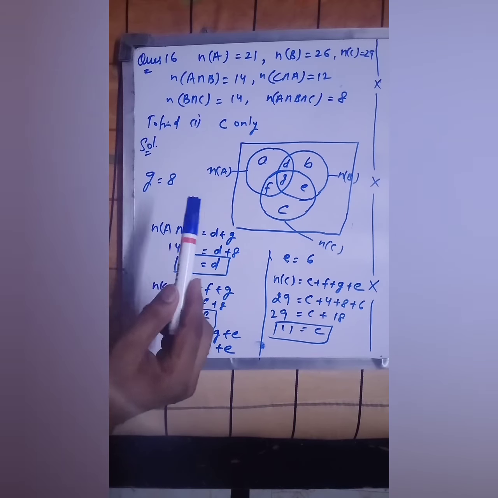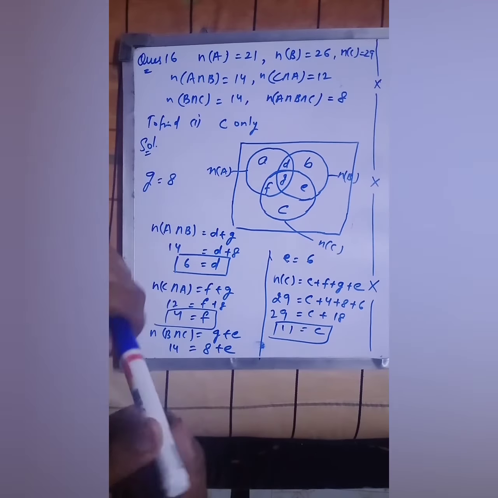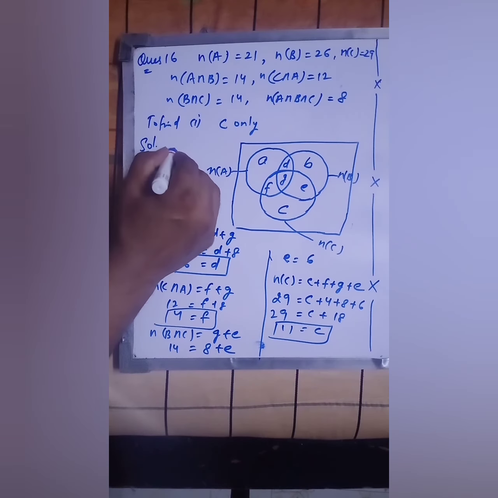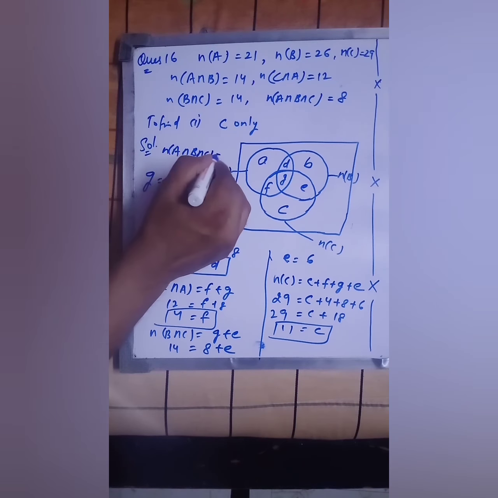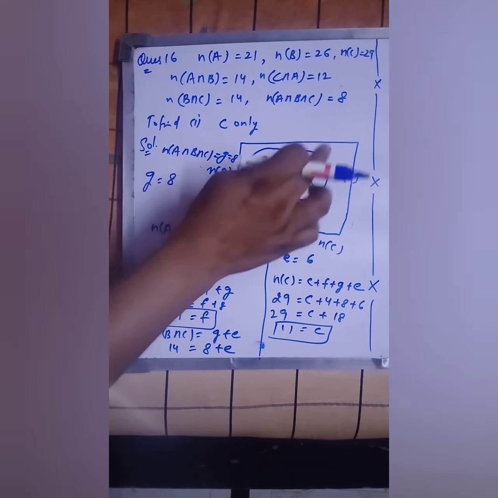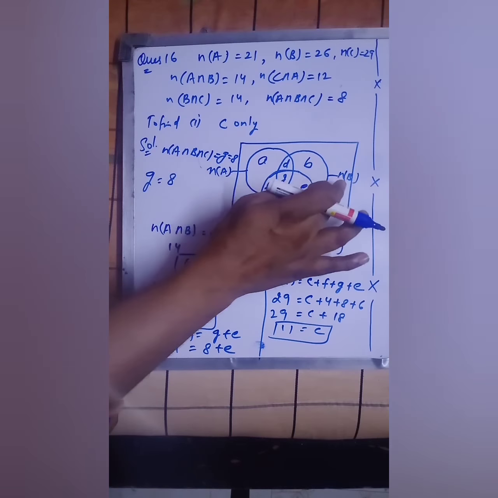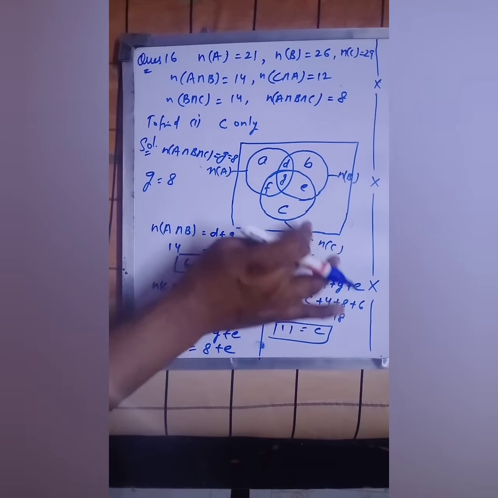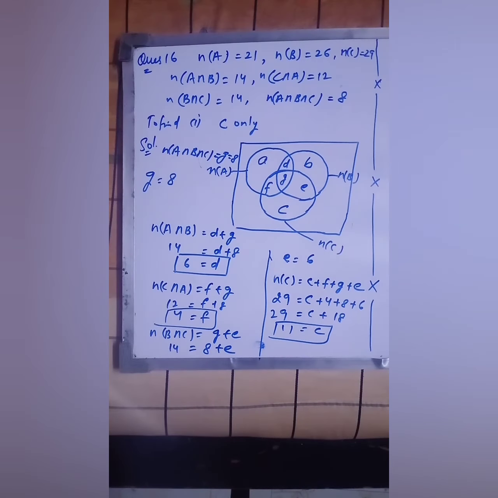Okay, so here this intersection is given to us, which is A intersection B intersection C, which is your G. So this value is equal to 8. This is given to us, and here in this Venn diagram, NA is this circle, NB is representing this circle, and NC is representing this circle.